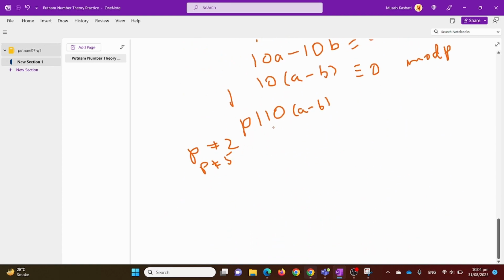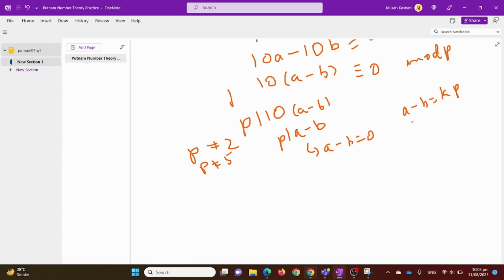So since p is not 2 and not 5, it definitely doesn't divide 10, which means that p divides a minus b. But there are only two possibilities for that. One is that a minus b equals 0, or the other is that a minus b is some natural number k times p.